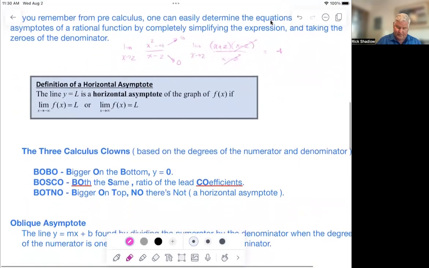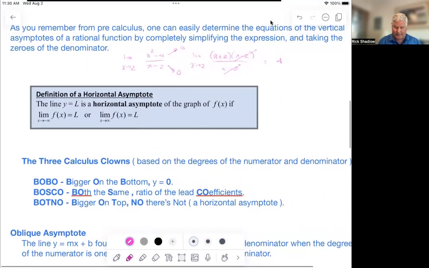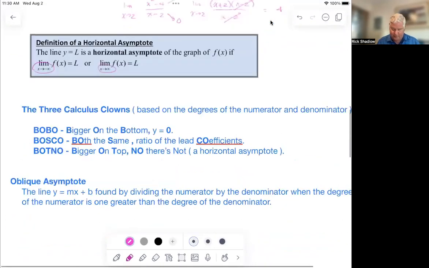All right, so then we look at the definition of a horizontal asymptote. The scenario here is x is going off towards infinity or negative infinity, and if the function approaches a value, either from above or below, or even crosses it, then the horizontal asymptote would be the line y equals L. Here's a couple of acronyms to help you remember what's going on, the three calculus clowns.